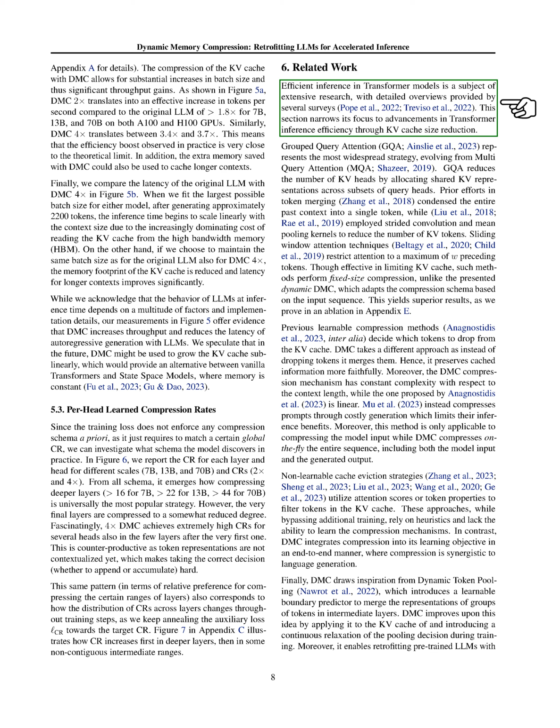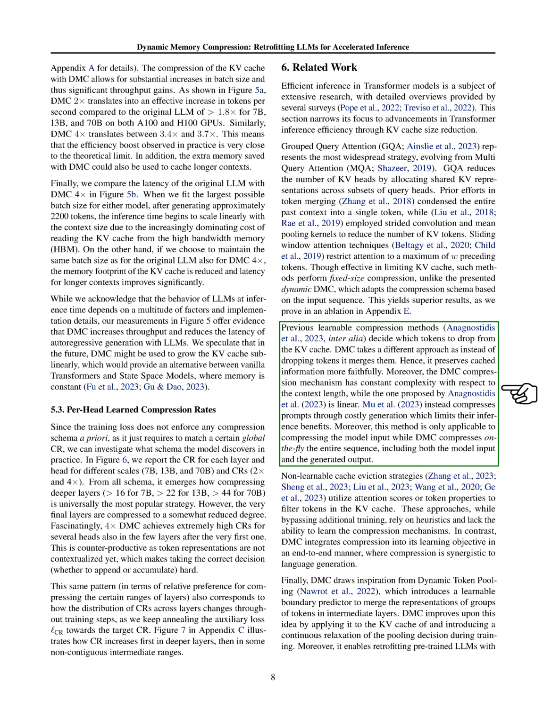Our work builds upon previous research on efficient inference in transformer models, focusing on reducing KV cache size. Compared to existing methods, DMC dynamically adapts the compression schema based on the input sequence, leading to superior results. By merging tokens instead of dropping them, DMC preserves information more effectively.